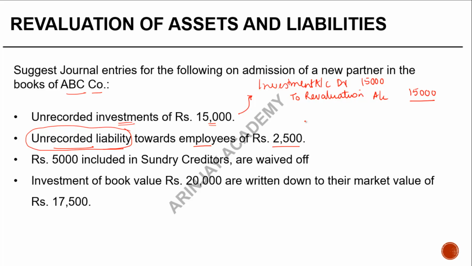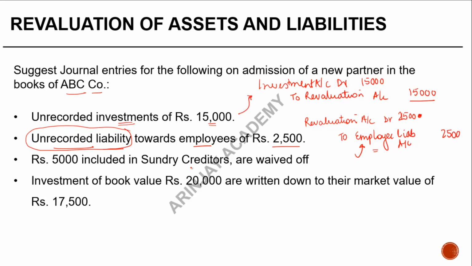It is debited to the profit and loss accounts. In this case, the profit and loss account is nothing but the revaluation account. So I would pass the entry revaluation account debit to employee liability. Now if you see, this way I have just created a liability account which is credit. I have booked the expense to the revaluation account which is similar to a profit and loss account for me. Pardon me for writing the wrong number.